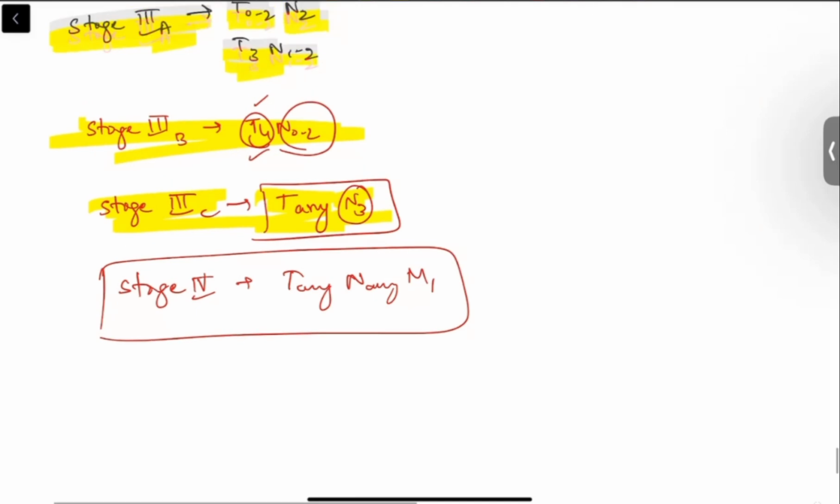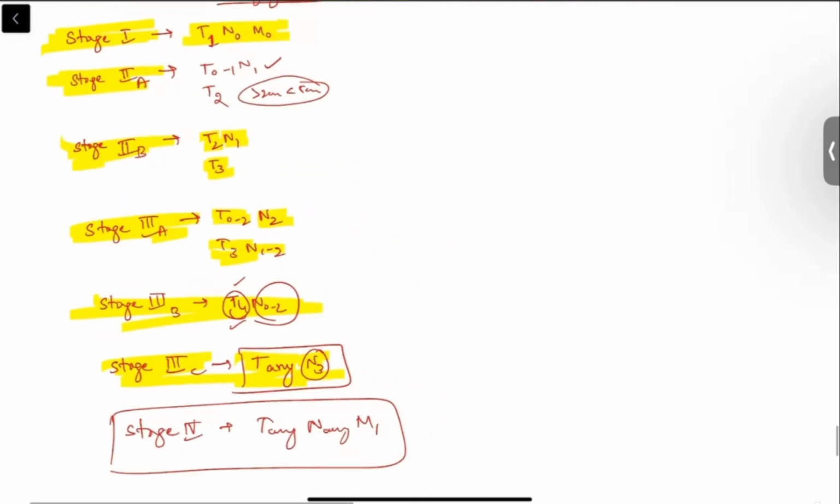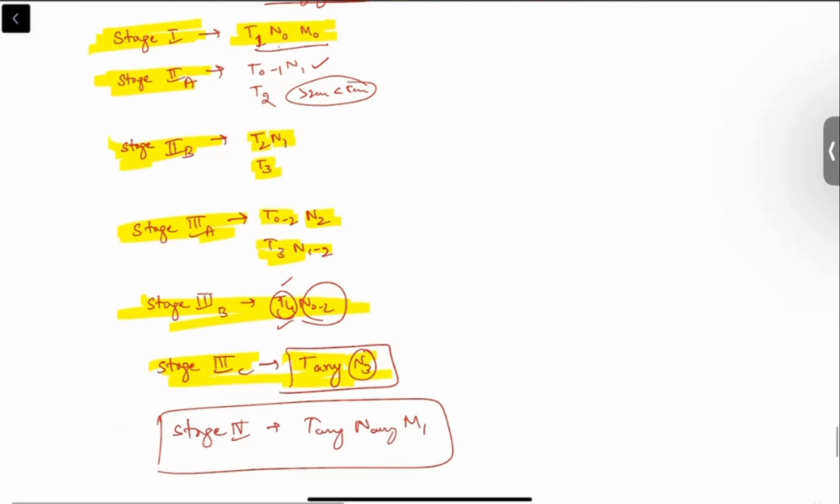So why is this staging important? Okay, before that let me tell you a trick to remember this. Remember stage 1: adding T, N, M, everything will sum up to 1. In case of stage 2A, adding T1, N1, the sum will be 2, T2 again 2. In case of stage 2B, the summation will be equal to 3.